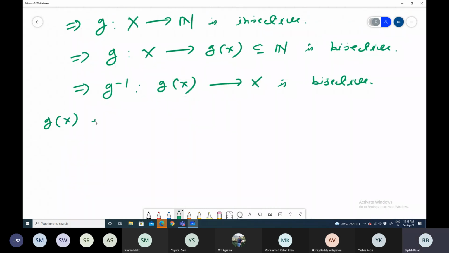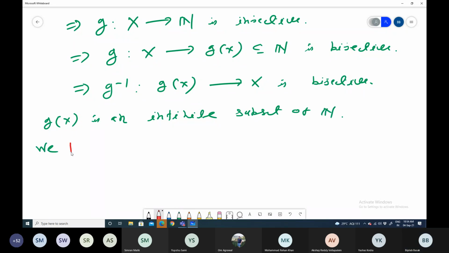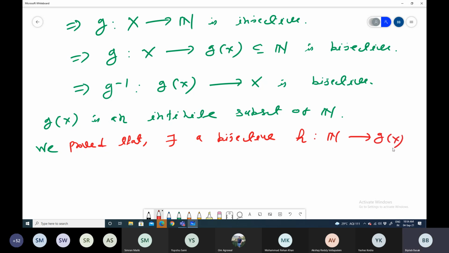Now g(X) is an infinite subset of N, and we already proved that in that case there exists a bijective map h from N to g(X).